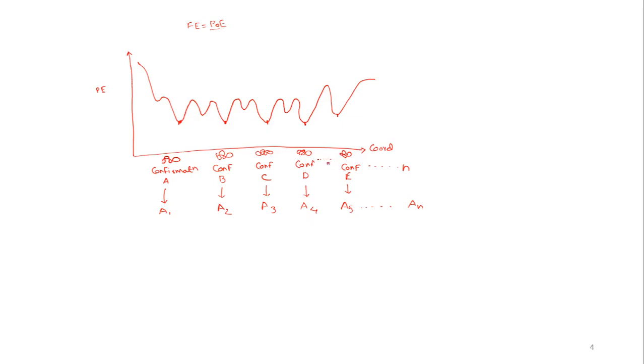Okay, and we might have some associated value for their properties of interest, right? Well, say for example we have got property of interest values as A1, A2, A3, A4, A5 till AN.